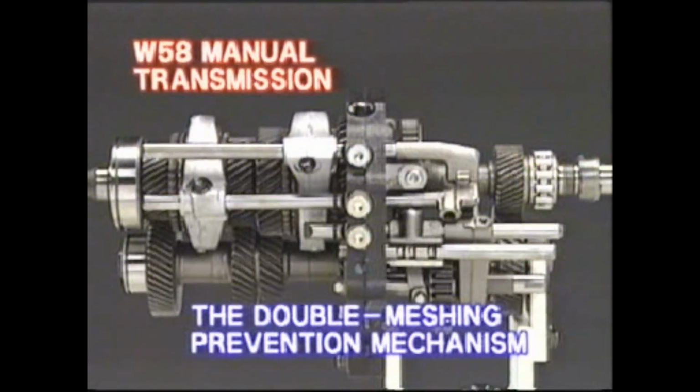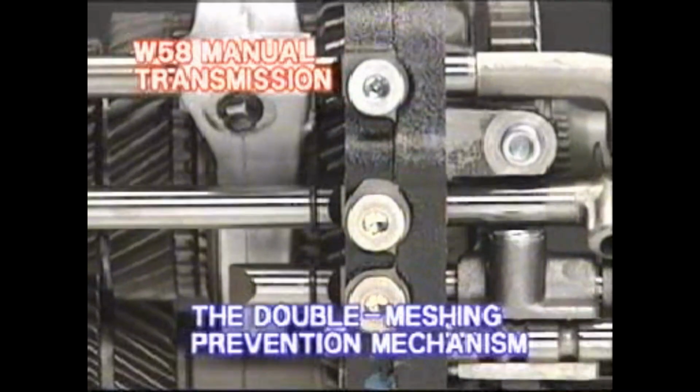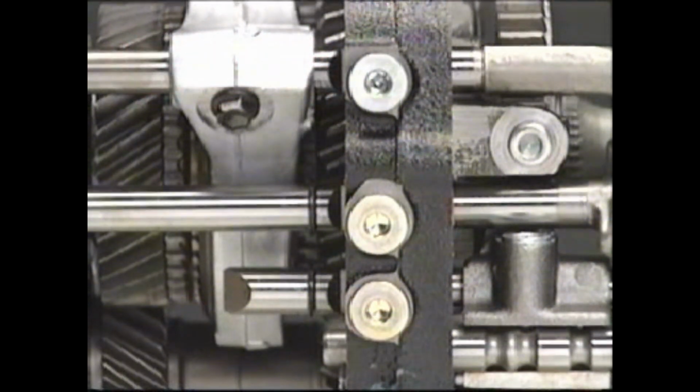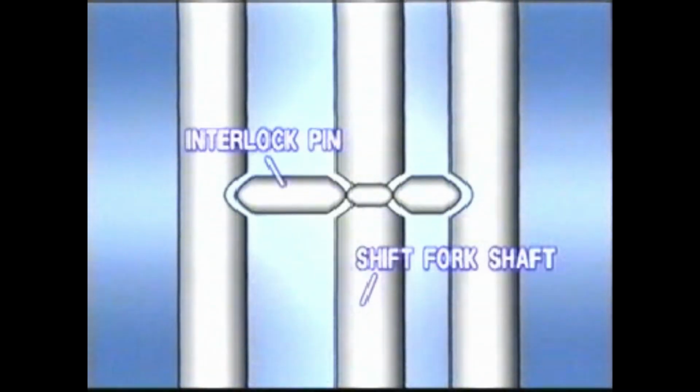Here is an explanation of the double meshing prevention mechanism of W58, whose inside construction we usually cannot see. The central shaft has 2 slots, and each of the 2 other shafts has 1 slot. An interlock pin is inserted between the 2 slots facing each other.